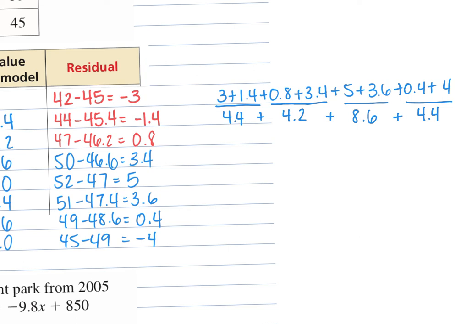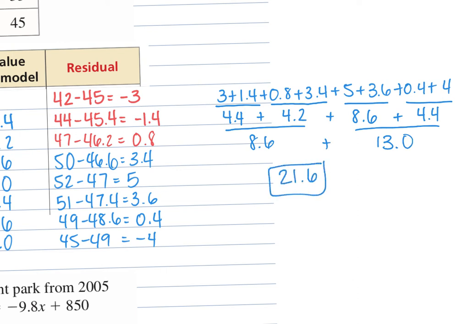No, right? Then 4.4 plus 4.2 is going to give me 8.6. And 8.6 plus 4.4 is going to give me 13. You add those two together and you should have gotten 21.6 for your residual. Did anyone get that? Nice.